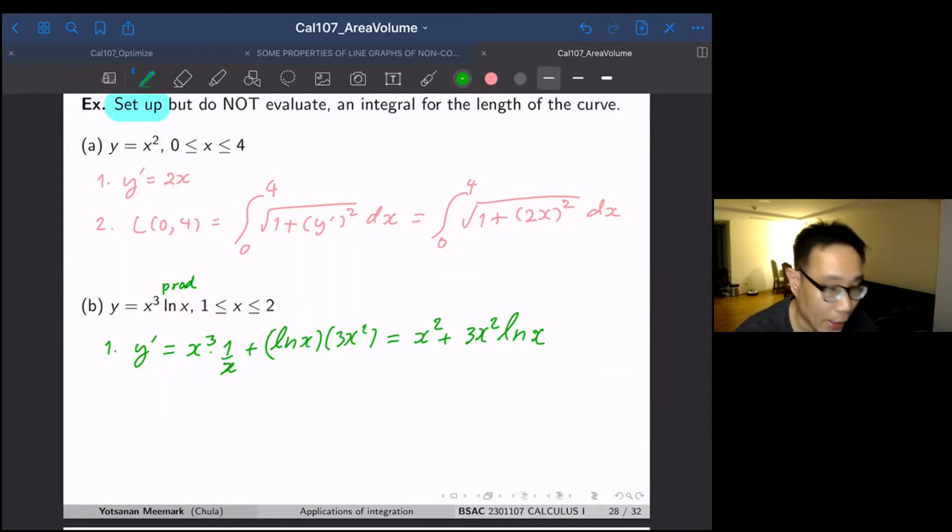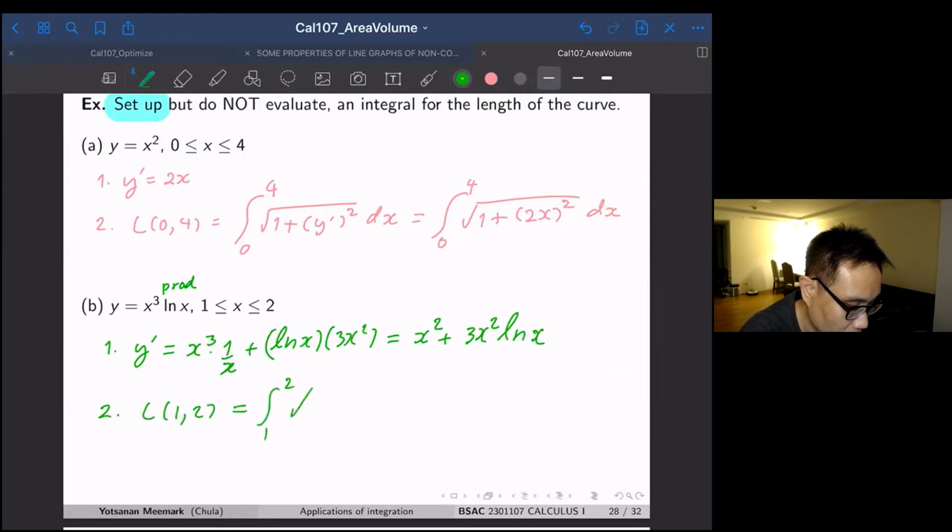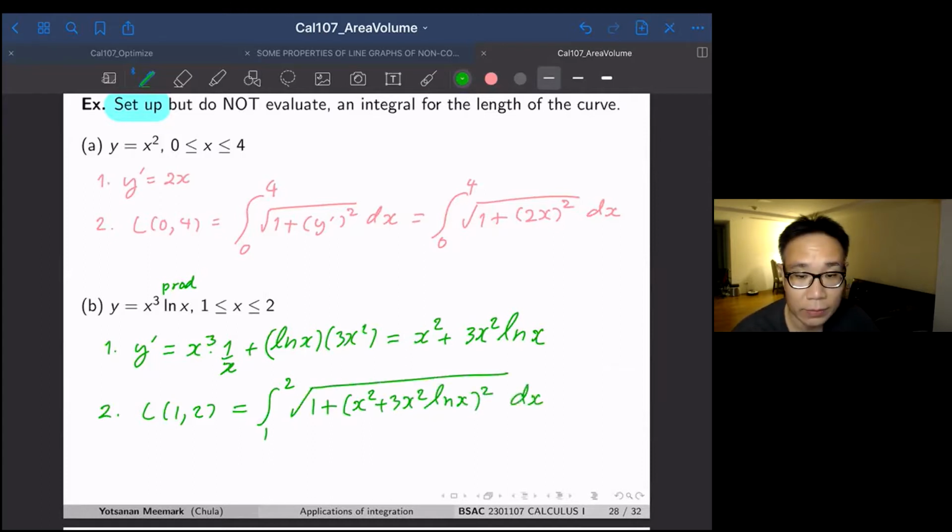Okay, and then you're going to just have the formula. So you're going to have L from 1 to 2 equal to the integral from 1 to 2 of the square root of 1 plus (x squared plus 3x squared log x) squared, and you have dx. Okay, so this one will be L, and that's it.